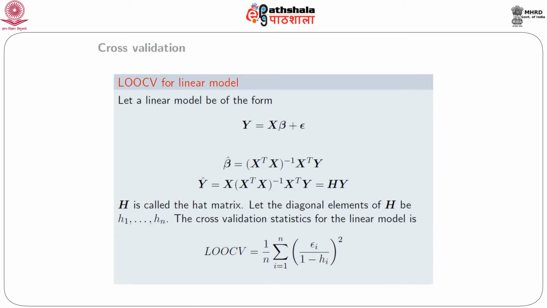Now, minimizing the CV is a useful way to do model selection, and it has many applications. For example, variable selection in the context of regression, or choosing the number of degrees of freedom for a non-parametric smoother.